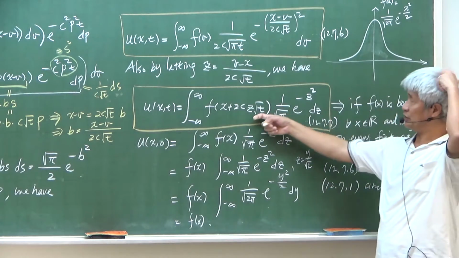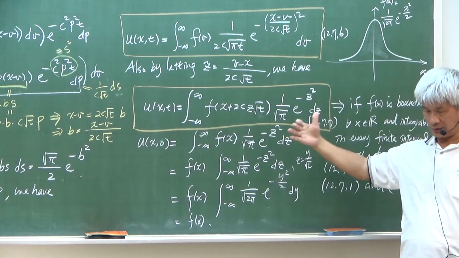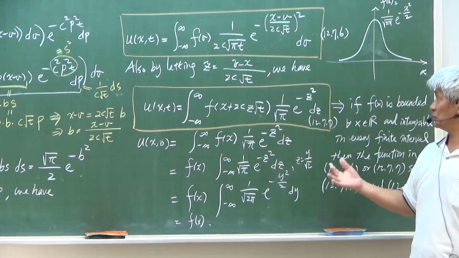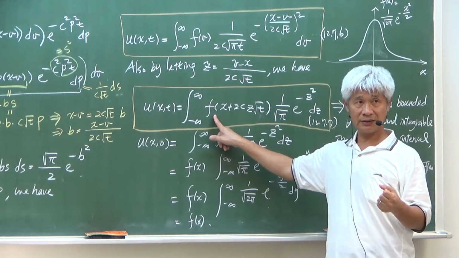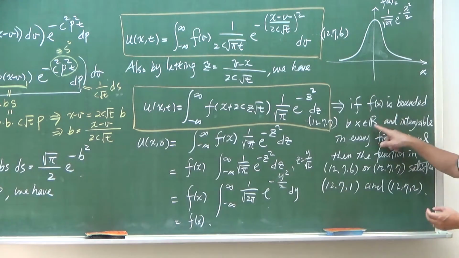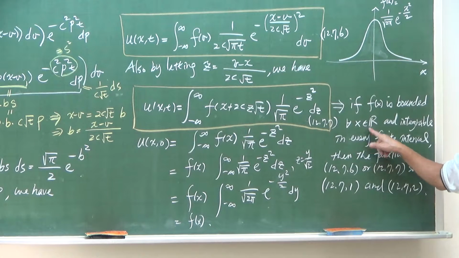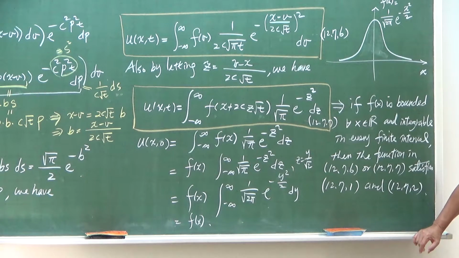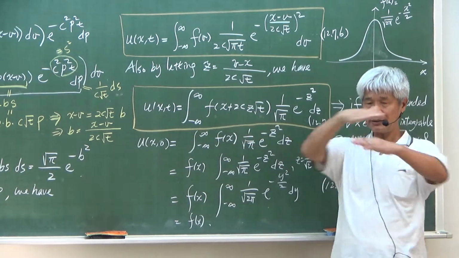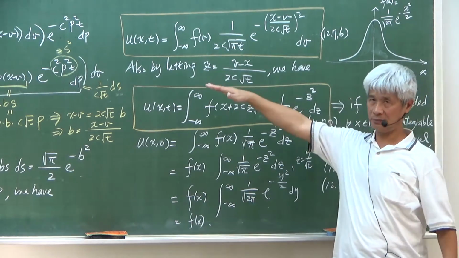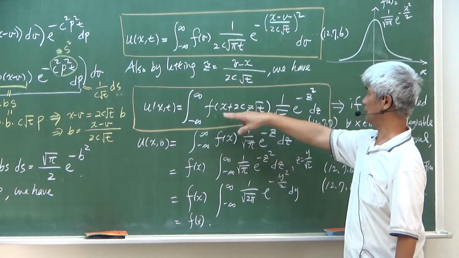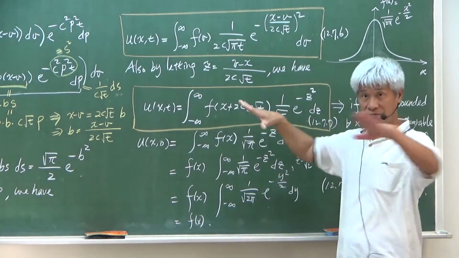Alright, so with this expression, we can enlarge our solutions to include the initial condition, which is just bounded, and integrable in every finite interval. Okay? For example, if f is a constant, say 1, then you still get the result because it is uniform.